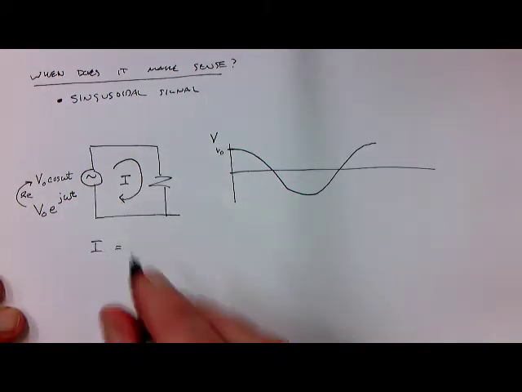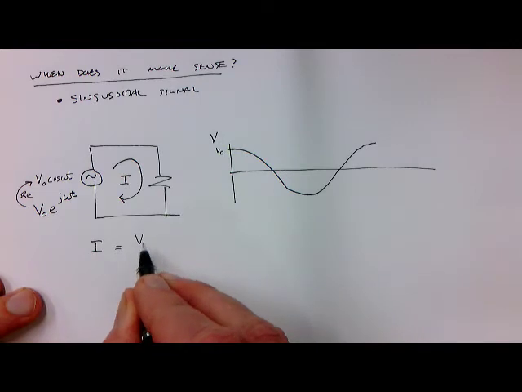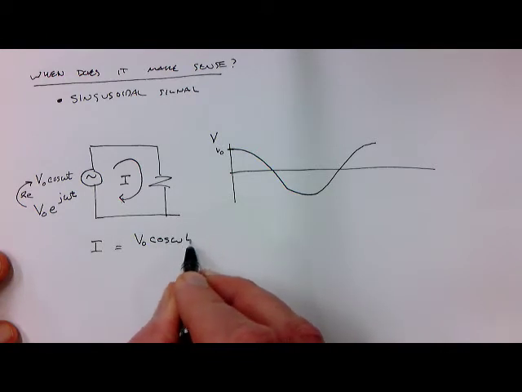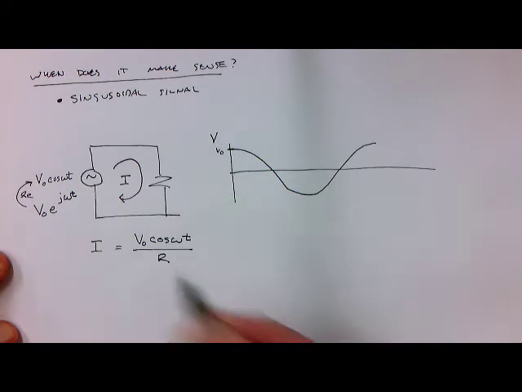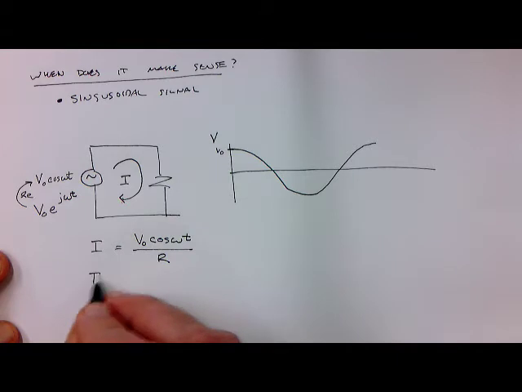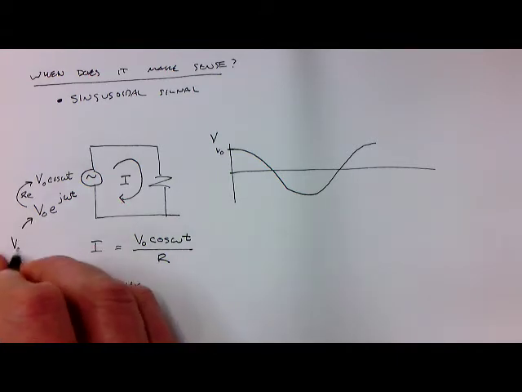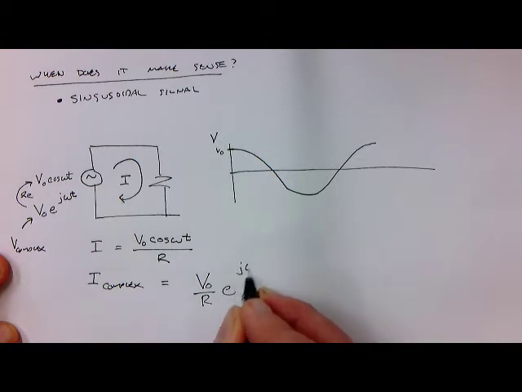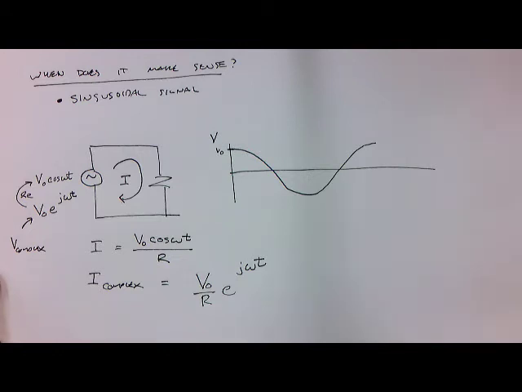It'll be V naught over R. If I did it in real terms, I'd write V naught times cosine of omega t divided by R. Or if I wanted to write a complex current, I would say it was simply V naught over R times e to the j omega t. So is the complex current the same as the real current?